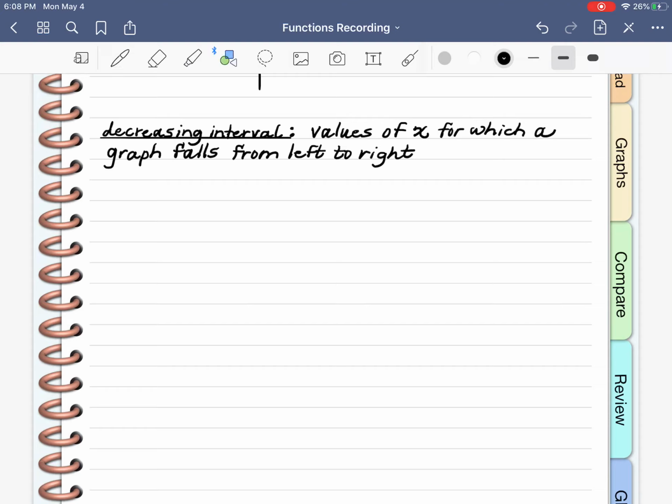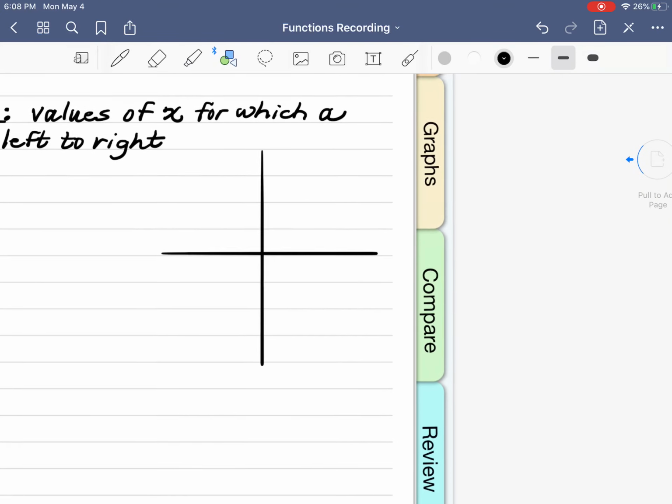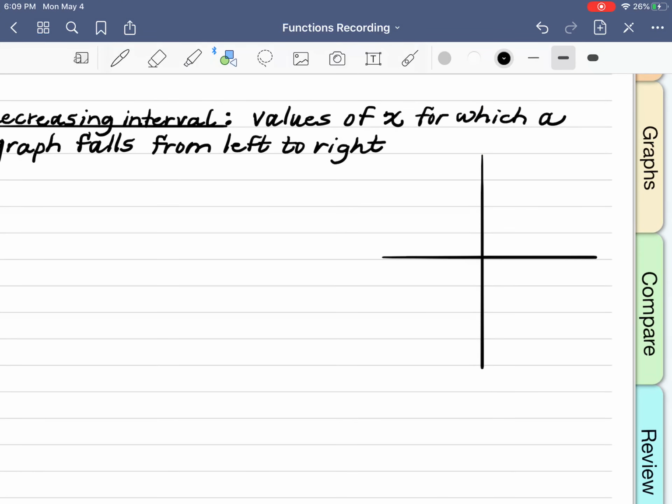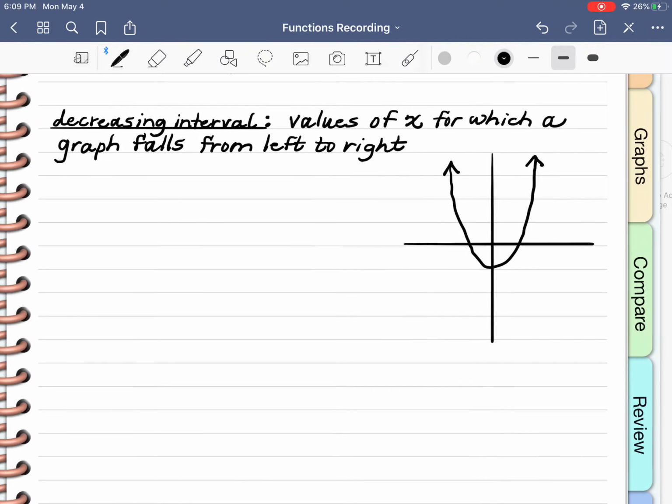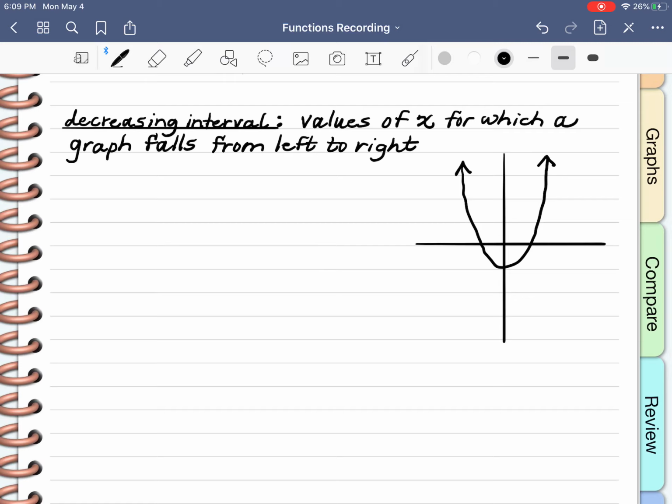So I'm going to use a parabola again, and I think I'm going to use one graph for two definitions. So let's put it right here. Alright, and I'm going to draw myself a parabola, or try to. These are tough to draw on this thing. So here we go. We'll just keep him opening upward. That's fine. Alright, so if you look at this parabola, and remember here is left and here is right, just like we read.